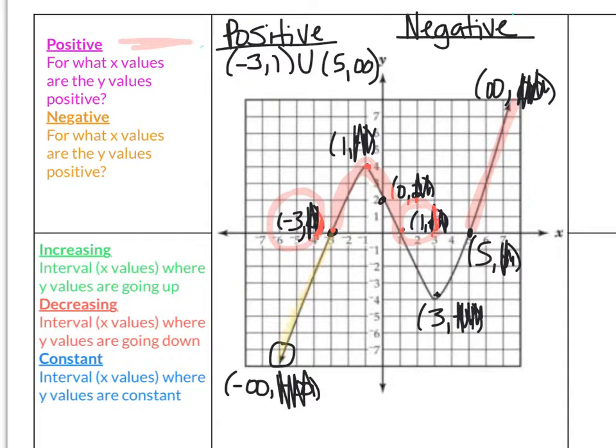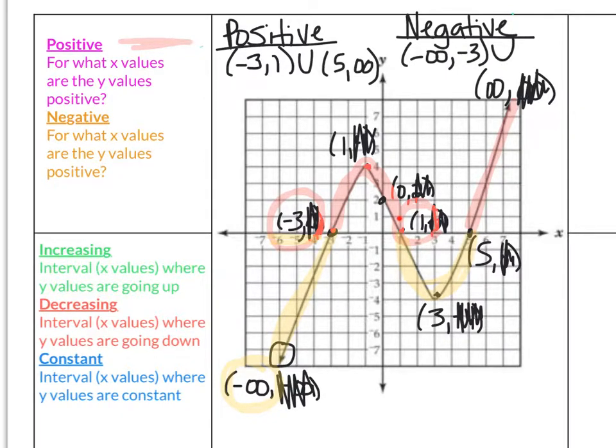Okay, so we have negative, means where are the y values negative, which are going to be these two pieces. So that's starting at negative infinity, going to negative 3. Union.